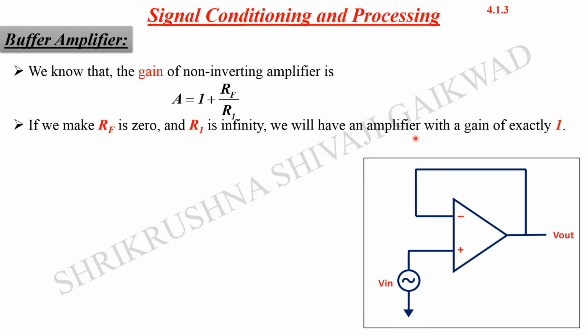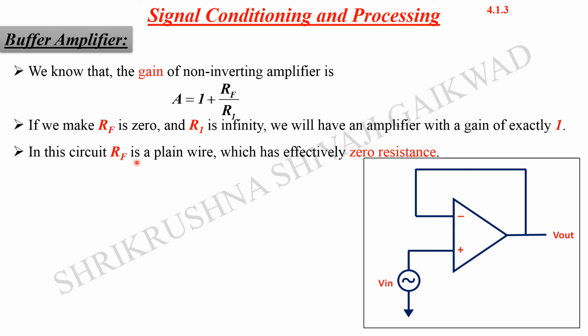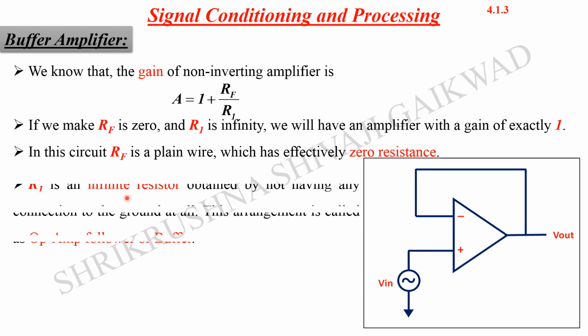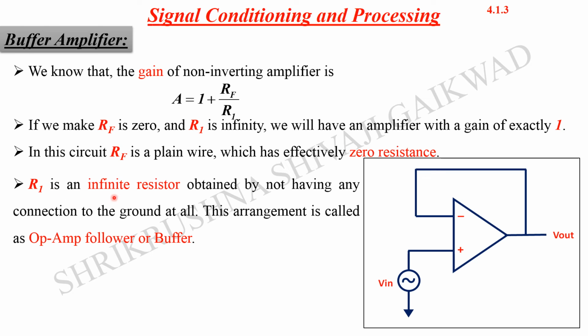So we have an amplifier that has a gain of exactly 1, or we can call it a unity gain amplifier. In this circuit, Rf can be a plain wire with effectively zero resistance, a simple conducting wire placed between the inverting terminal and the output. R1 is at infinite resistance, obtained by not having any connection to the ground at all.